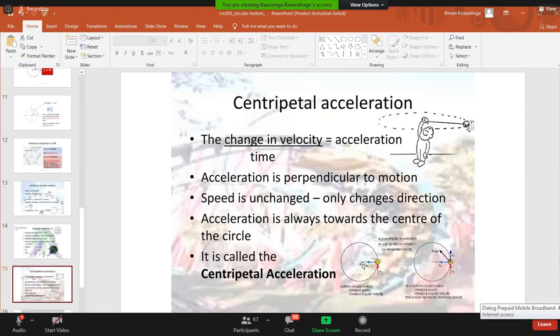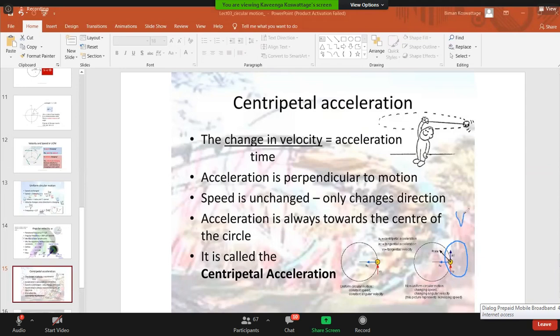We call it AC, centripetal acceleration, which is towards the center. And then we have AT, the tangential acceleration, because you have a tangential velocity VT.